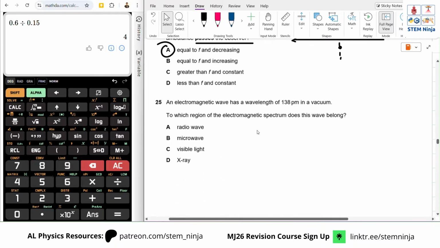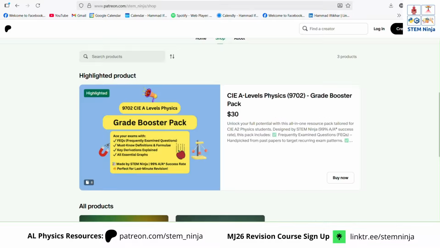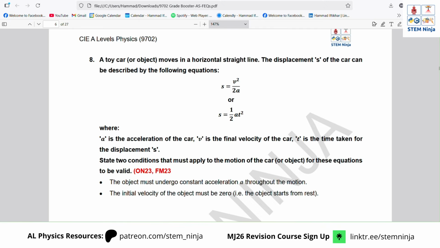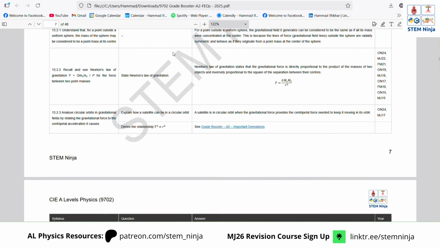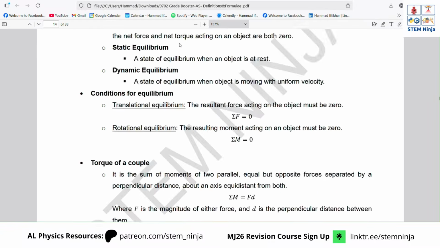An electromagnetic wave has a wavelength of 138 picometers in a vacuum. To which region of the electromagnetic spectrum does this wave belong? All right, so just to show you the wavelengths, although you should have some idea.